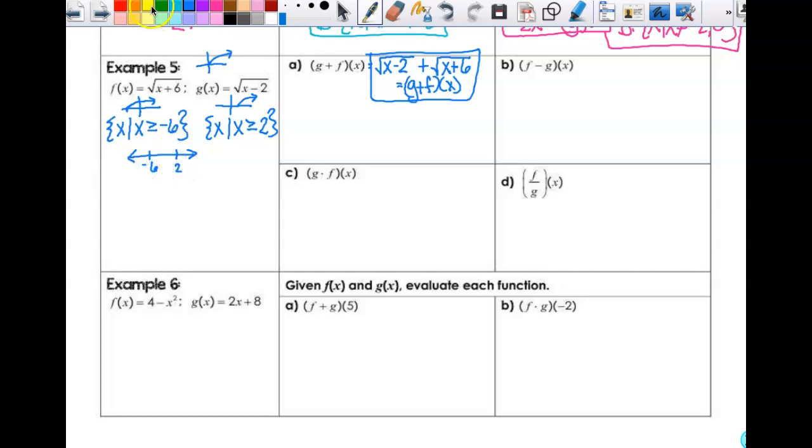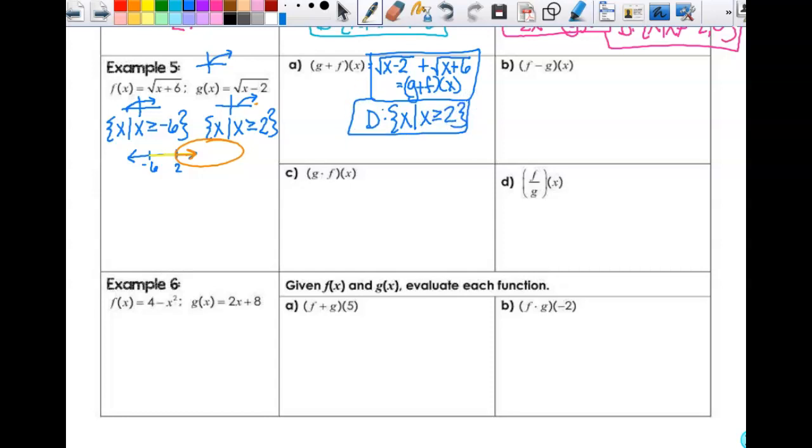And I plotted this on my number line. Well, greater than or equal to -6 would be right here, and then greater than or equal to 2 would be right here. So where do they intersect? They intersect here. And basically this is the domain for the whole thing. So the domain is the set of all x's such that x is greater than or equal to 2.